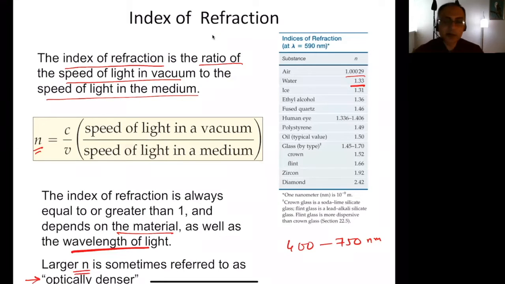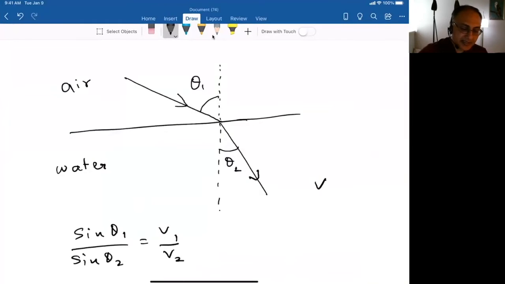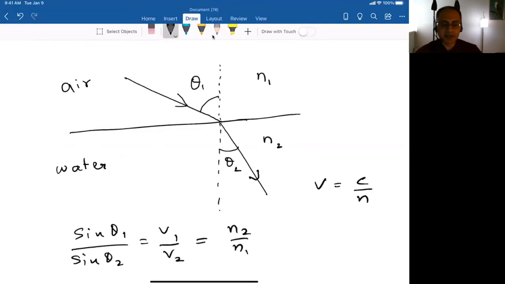Okay, so it's more convenient to express Snell's law in terms of n. We've just seen that V is equal to c divided by n, right? So if this medium has n of n1 and this has n value of n2, then you can see that V1 divided by V2 will be n2 divided by n1, because V and n are inversely proportional to each other, right?